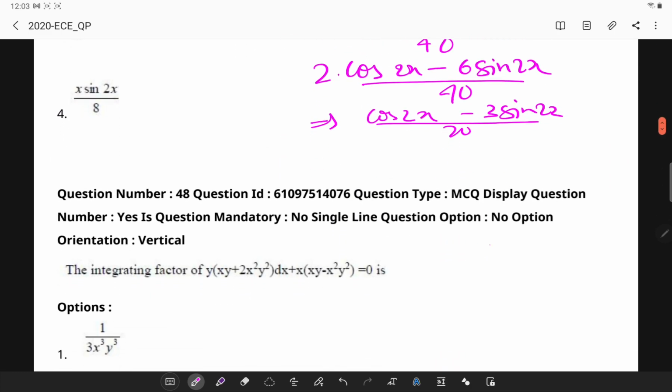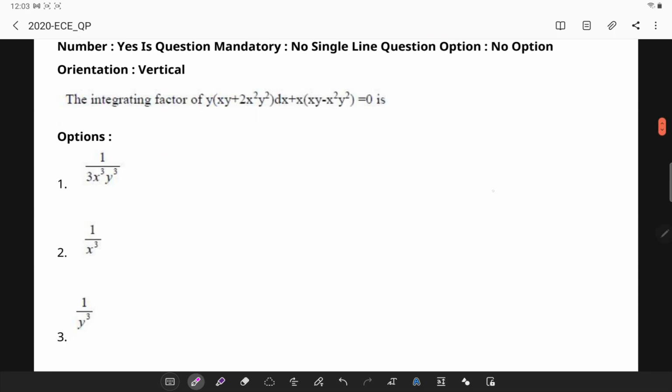So the first option is the answer. I'm expecting an error in this question, so try keeping dx dy at this portion and try solving it.